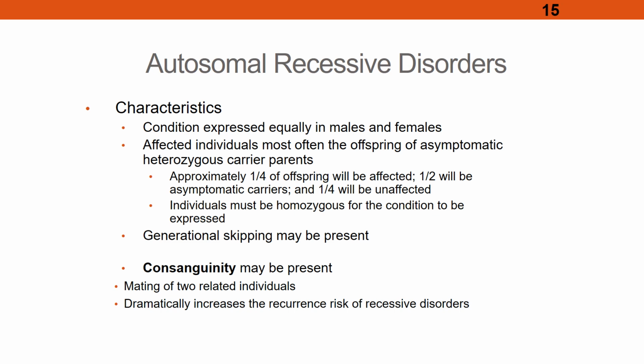The problem is that both of the related individuals may have the recessive gene, and if both of them have it, the probability of having an offspring with the autosomal recessive disorder increases significantly. That's why consanguinity presents such a risk for development of autosomal recessive disorders.